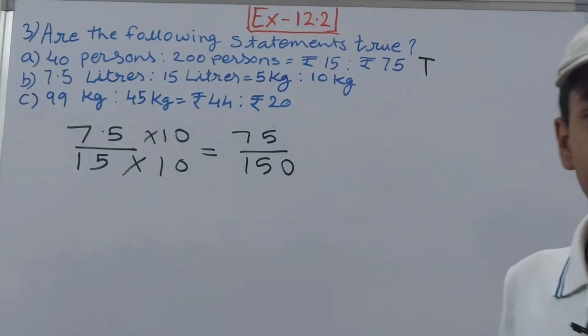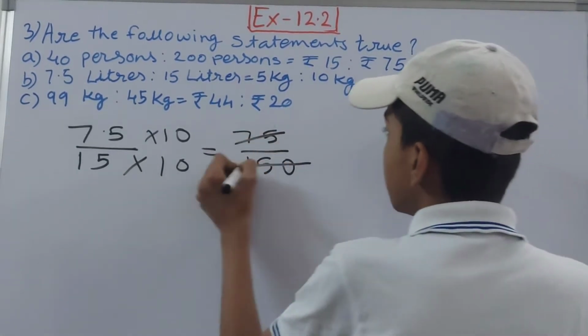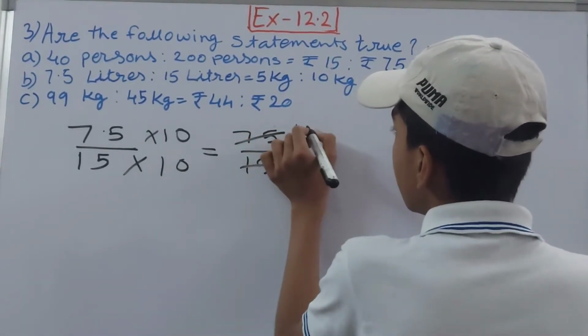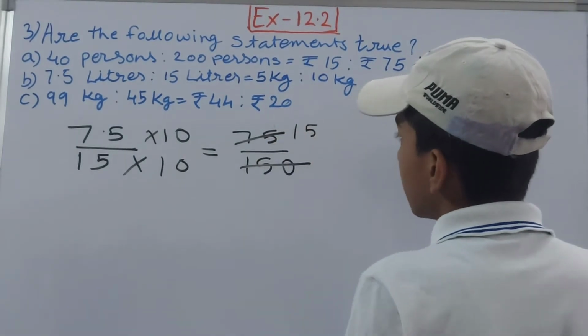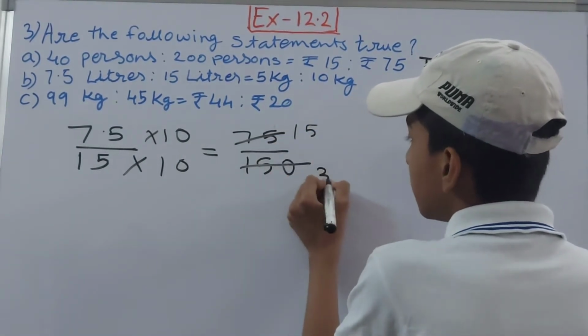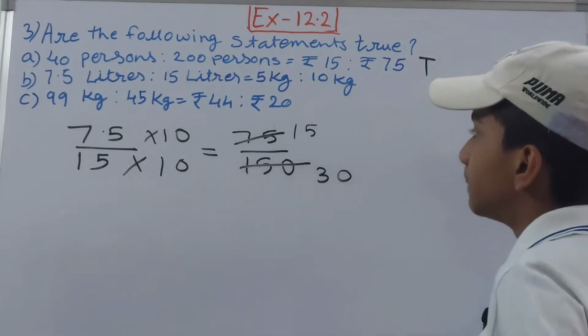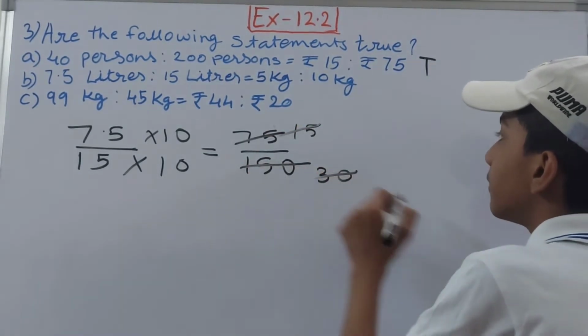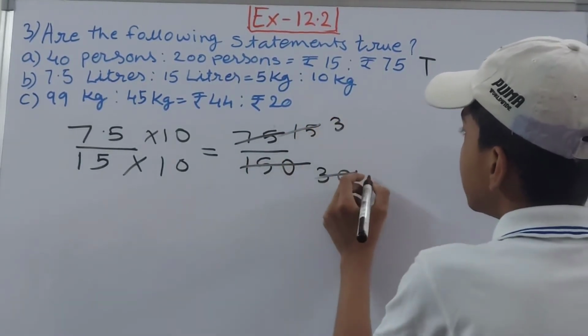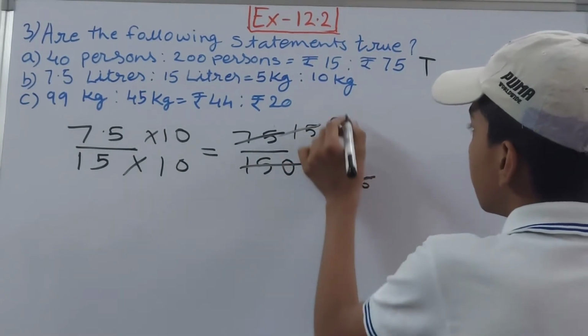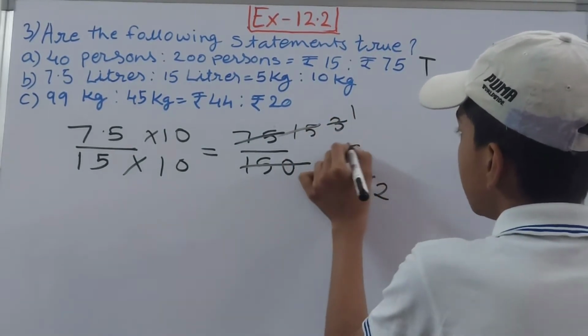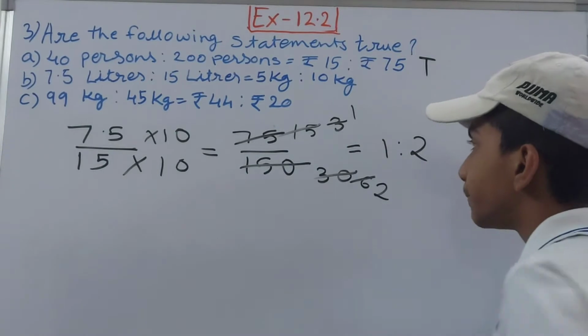And now we can simplify this. By 5, this will be 15 and 30. Now 15 and 30 by 5 once again, 3 and 6, now by 3, 1 and 2. So you get 1:2.